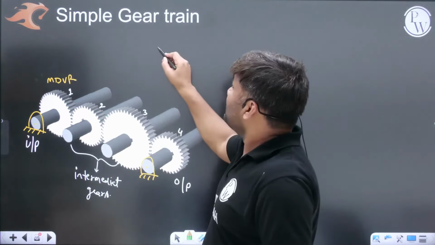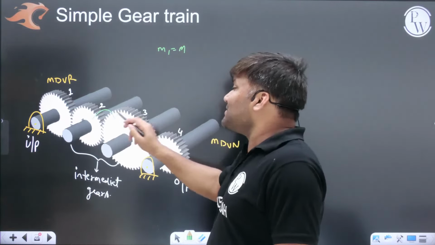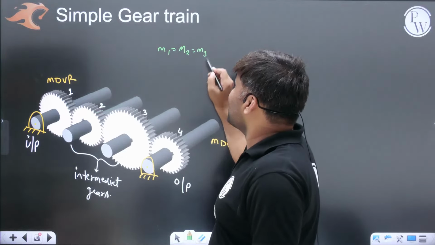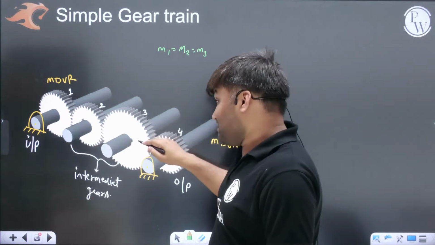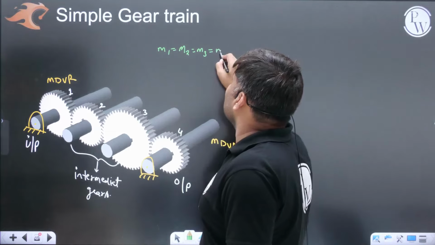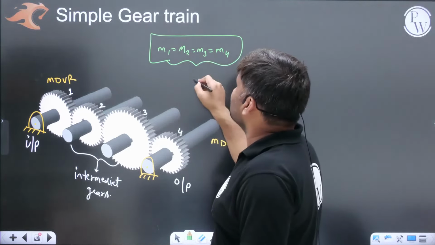So M2 and M3 must also be the same. Now 3 is meshing with 4, so 4 and 3 must also have the same module. M3 and M4 must also be the same. Very big constraint is going to be there. This is a big condition.